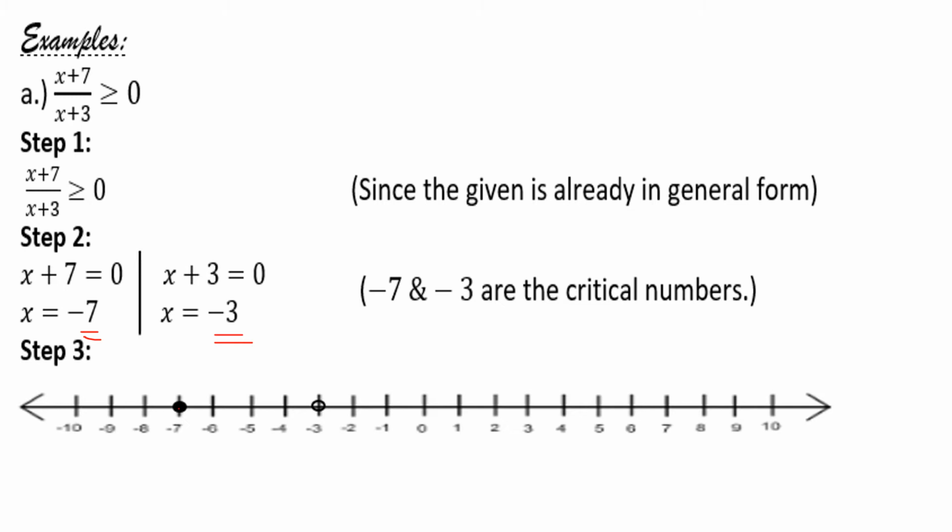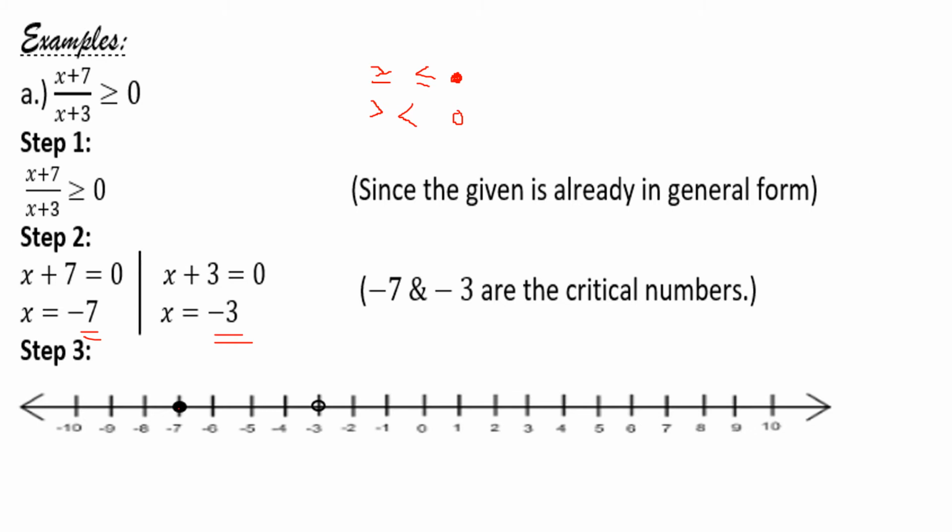If we use the symbol greater than or equal to, or maybe less than or equal to, we are using solid points, which means that the x value is included. And if we are using greater than or less than, we are using hollow, which means that the x value is not included or not part of our x values.